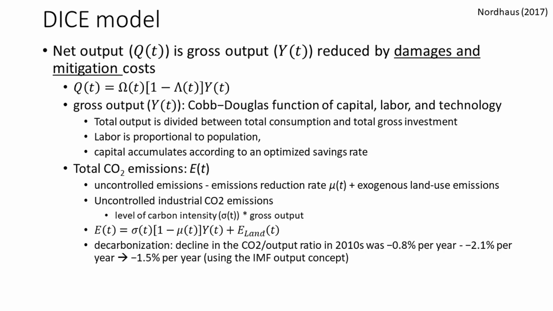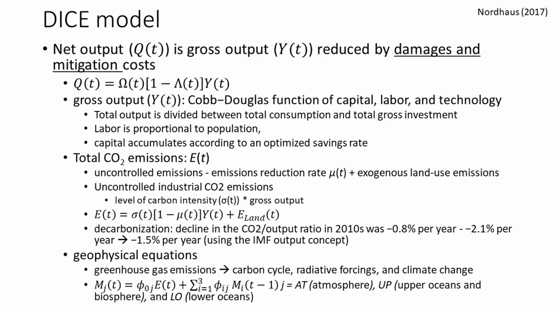So if we are doing some geoengineering, then also we can have an influence on this. And also, if we are talking about geoengineering, then there are these geophysical equations. And here we can see, so what is happening with the greenhouse gas emissions?